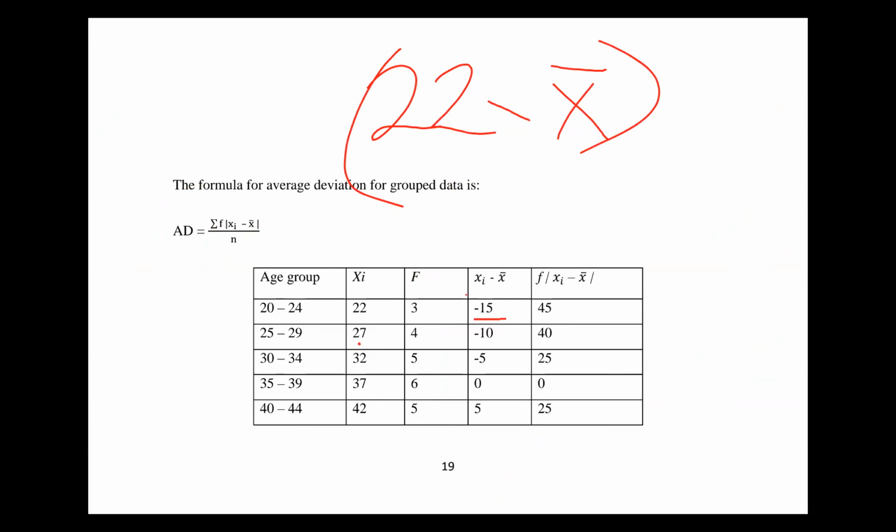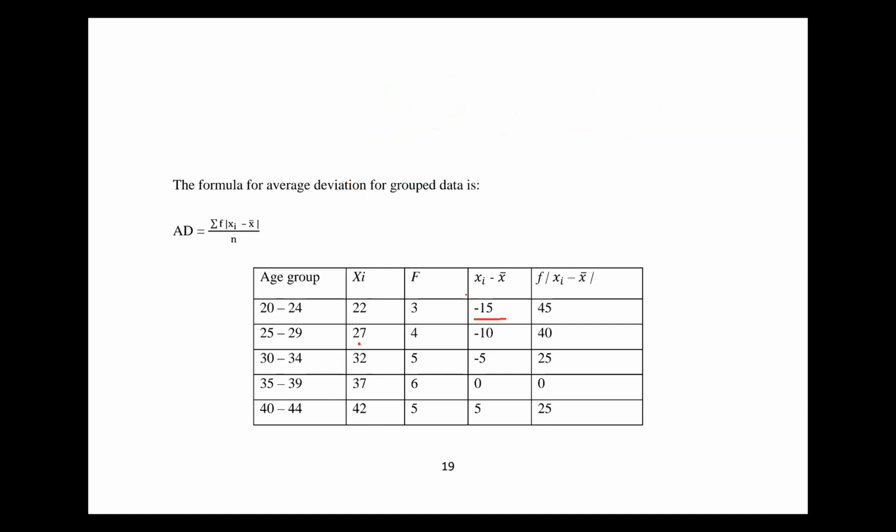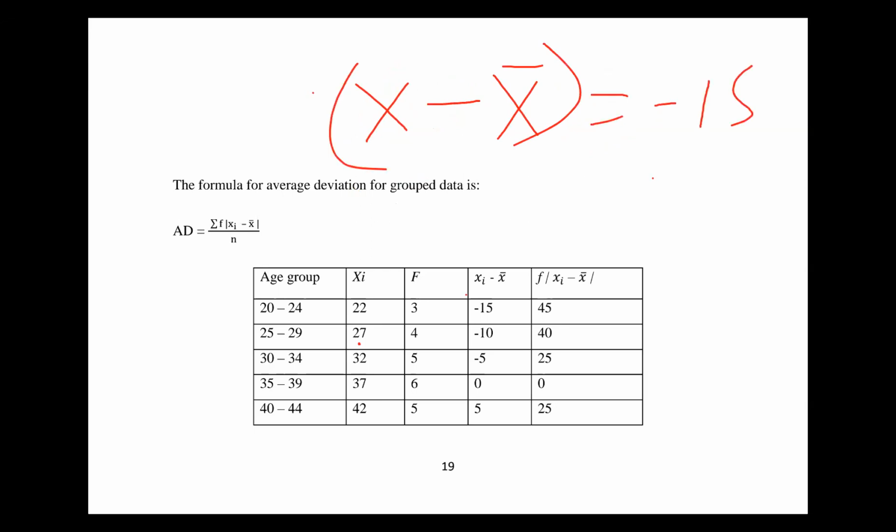In case someone is wondering, you can still use this deviation to find your x bar. We know that x minus x bar is equal to negative 15, right? We know our x already, it is 22.